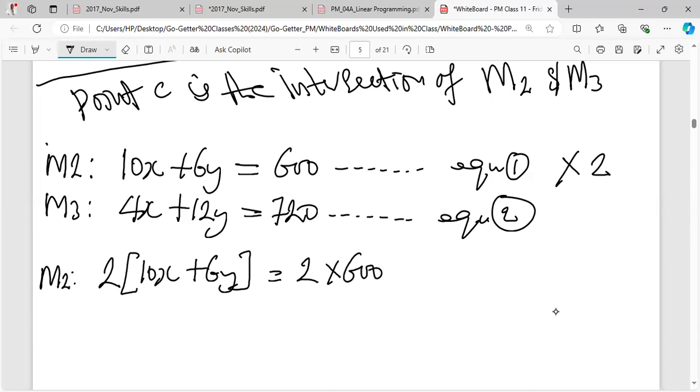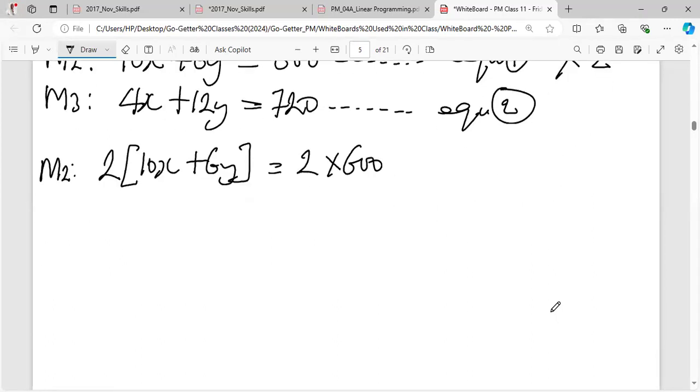So anything you do to the left, you do to the right. So it will now become 2 times 10 will give you 20x, 2 times 6 will give you 12y, 1200. So this here is now your M2.